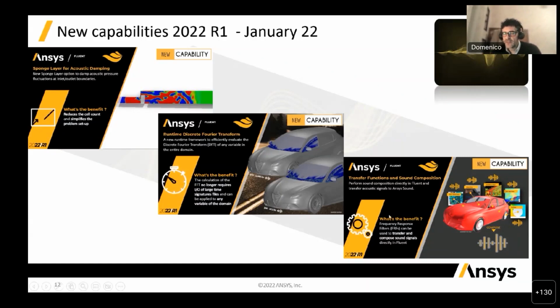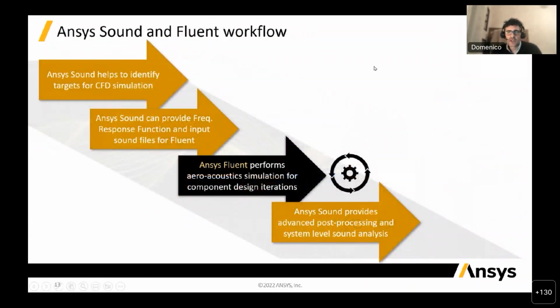And then we have transfer function and sound composition capabilities, which come from the integration of ANSYS sound directly into Fluent. So these are the three other big relevant milestones.